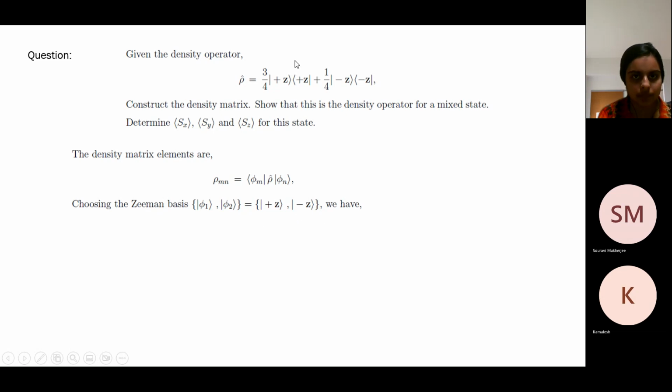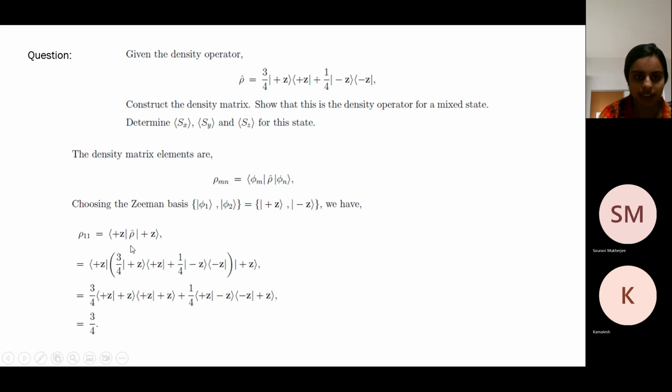So what we have to do is that given this rho, we have to find the individual density matrix elements. So for the first case, consider that phi 1 is equal to plus z, phi 2 equal to minus z. That means if we have to find rho 1, 1, what do we do? We have to find this term, right?